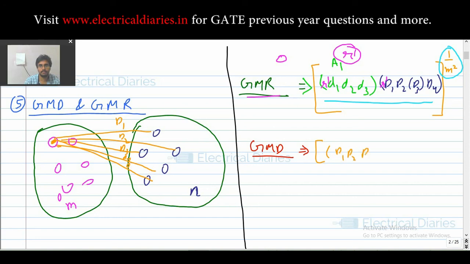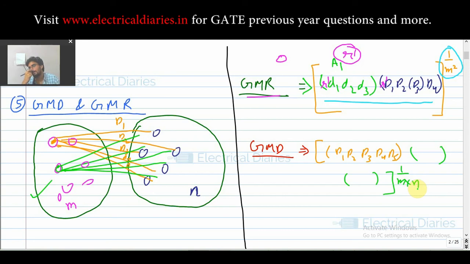Similarly, take this conductor and calculate all these distances, and write them down. Similarly, you will cover each and every conductor of one set and write all these things. And then remember the power will be 1 by m into n. This is very important.